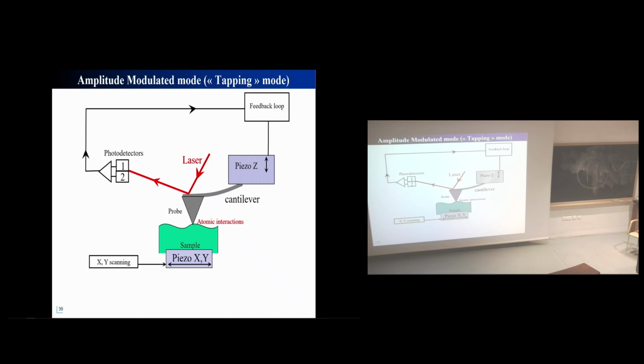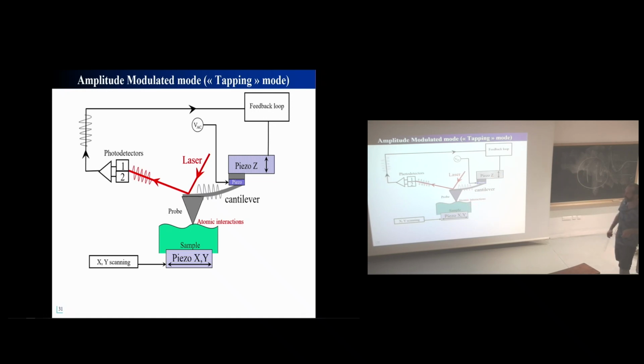So this is the so-called amplitude modulated mode, but everybody calls it tapping mode. You understand why. And so you take your regular AFM we had at the beginning of the lecture, and we have the cantilever, the laser, and so on. Then I will add on the cantilever a small piezo stack that is fed by an AC voltage. So this is going to oscillate. By mechanical coupling, the cantilever is going to oscillate.